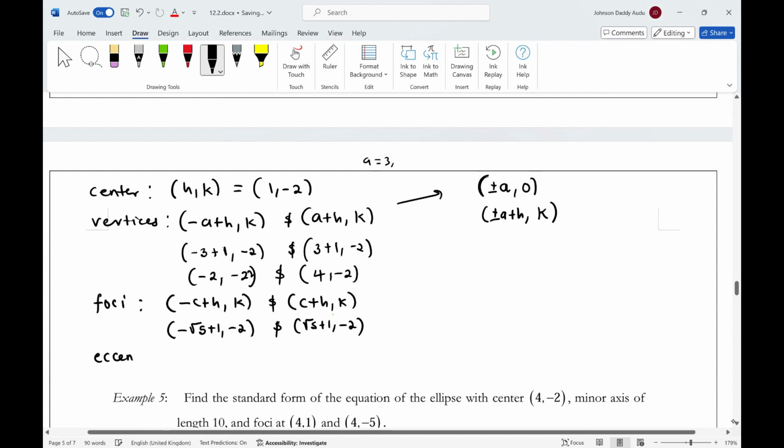And before we find eccentricity, let's look for what?